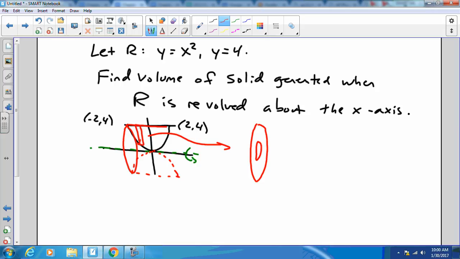So when I examine the cross-section that is formed, what I have then is a large circular piece with a circular hole in the middle. And we call this a washer. Not a washing machine, but a washer like you would use with a screw.